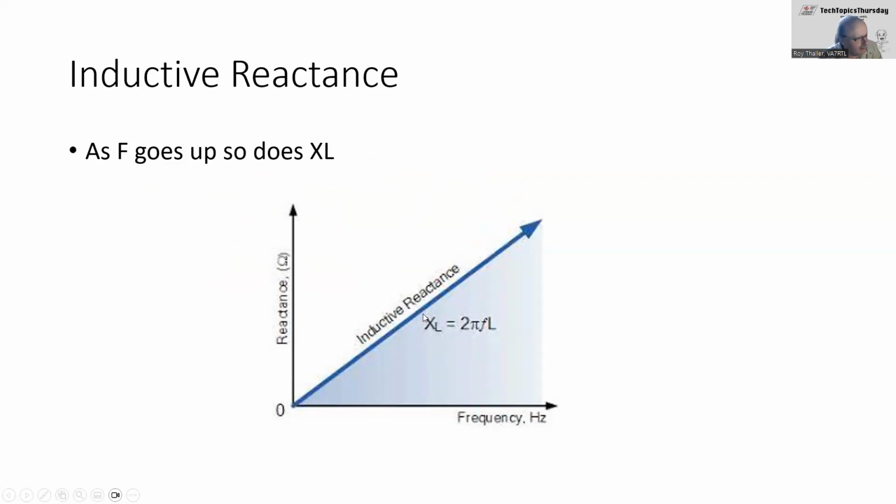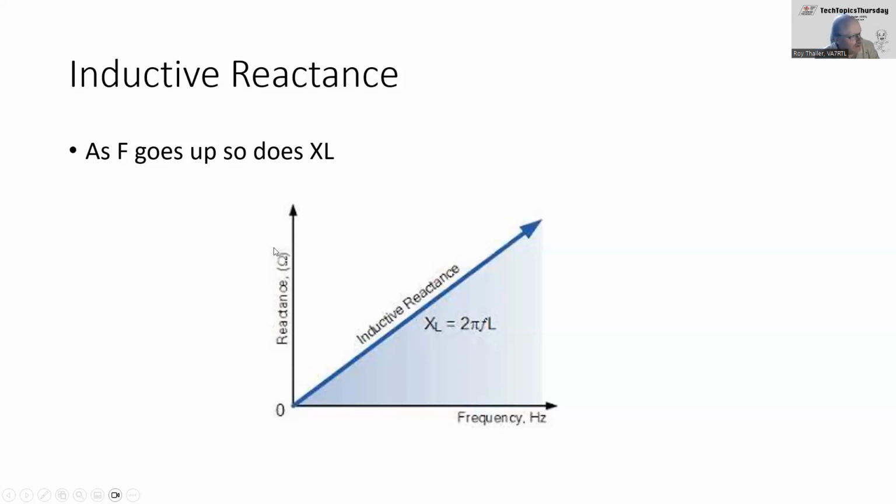To calculate it, you take 2 pi, which is 3.14 times 2, so 6.28, times the frequency in hertz times the inductance in henries, and you get a value called inductive reactance. The thing to remember is that as the frequency goes up, so does the reactance.